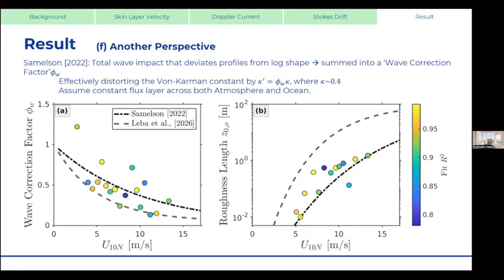And this is one of the ways that they do it. They use this roughness length as a function of wind speed on the right here. There are two models. There's this early model here, which is from 4 years ago, and then there's this newer model here. But our measurements show that the original model works a lot better than the new model. So that's something that hopefully will get fed into the operational ECMWF model eventually.